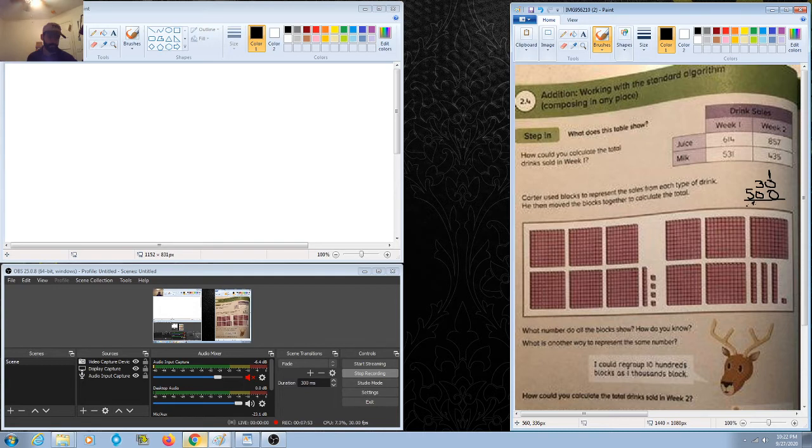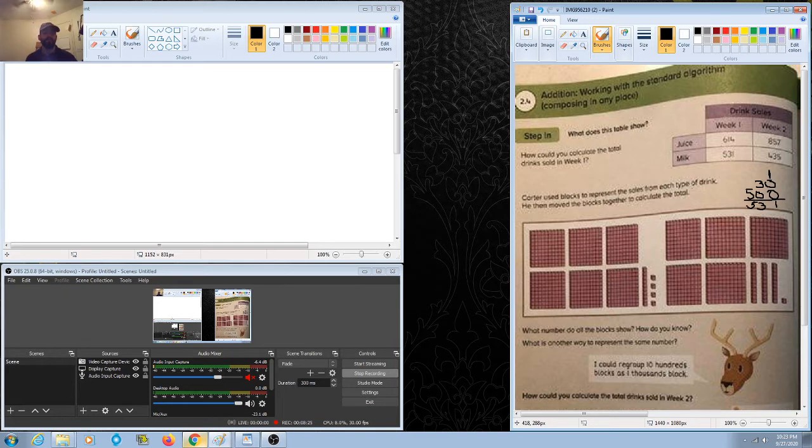So if we represent the addition of each of the place values and their representative model, being that the ones place is the individual cubes, the tens place is the line of 10 blocks, and the hundreds place is represented by those 10 by 10 grids, we get the same result as if we were to use a standard algorithm in the addition.